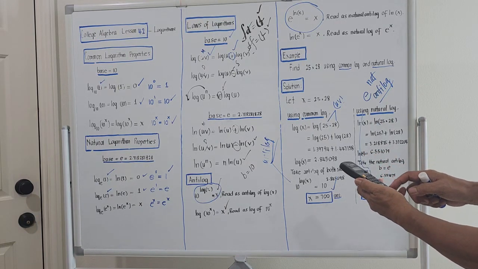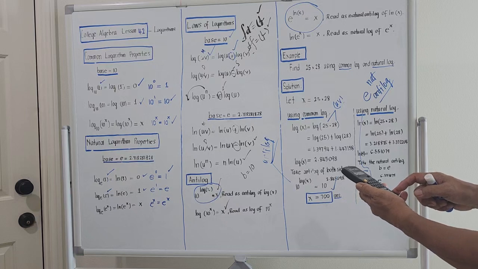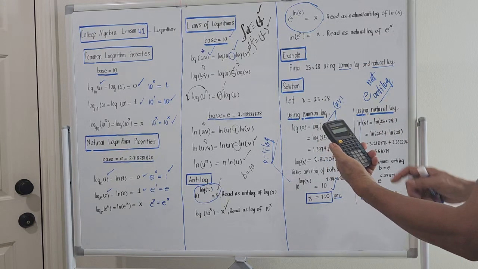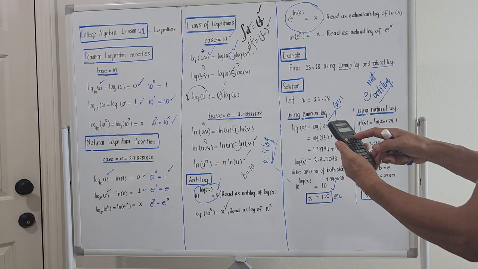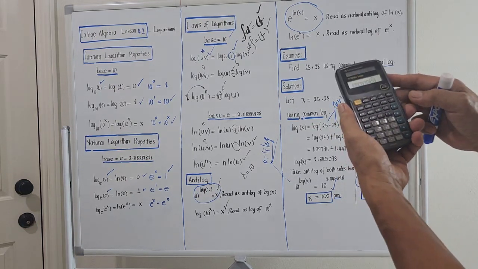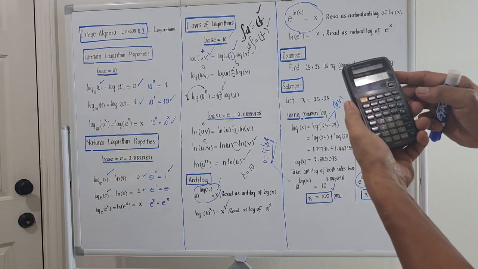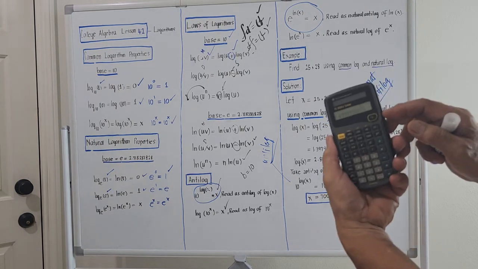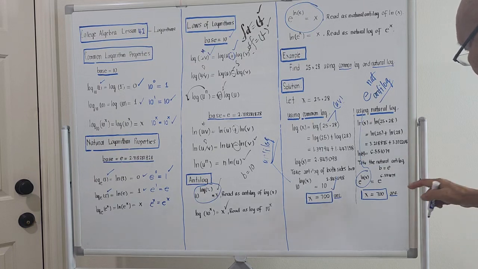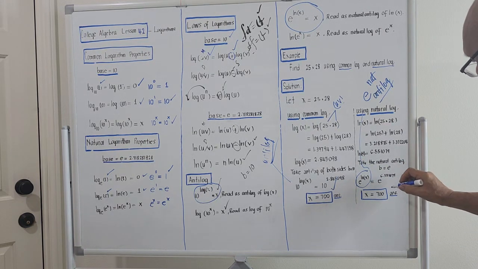Just display 6.551079, and e to the x here is on the second function. So second function, e to the x. The value is 699.9990655, or that is approximately 700. So the value of the right hand side, that is e raised to this, is 700.